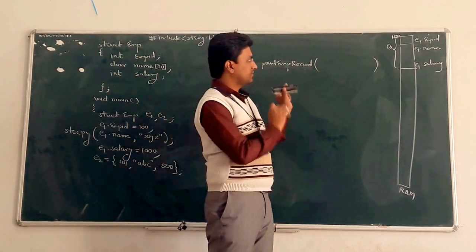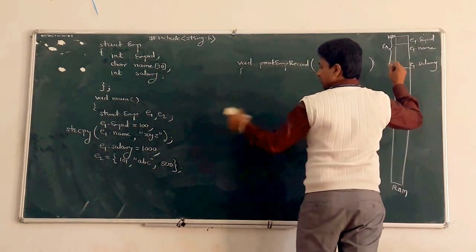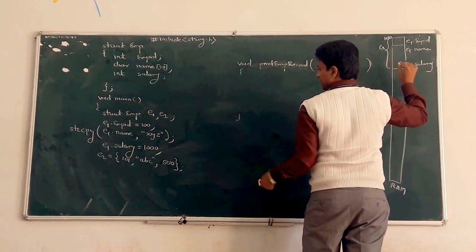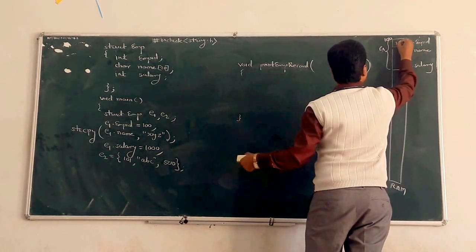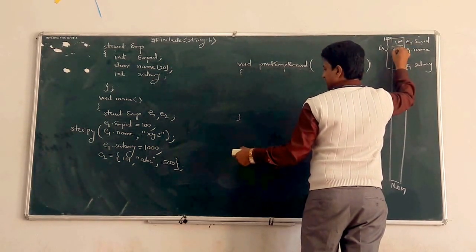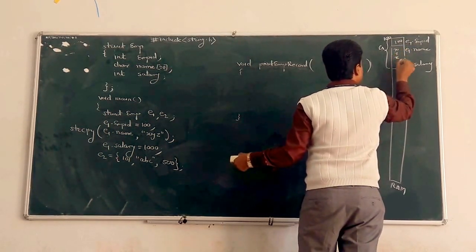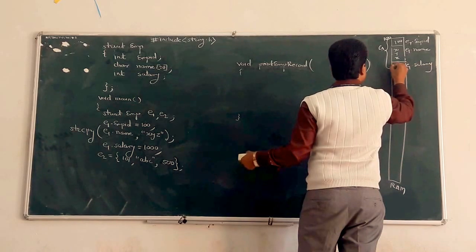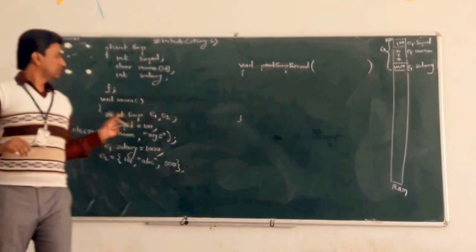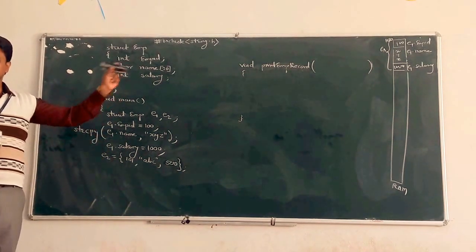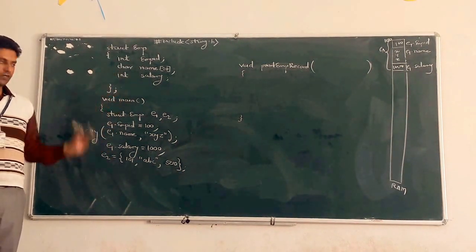For our convenience, we can assign values: ID is 100, then name is XYZ, and then salary is suppose 1000. Clear? Similarly for E2 in memory.